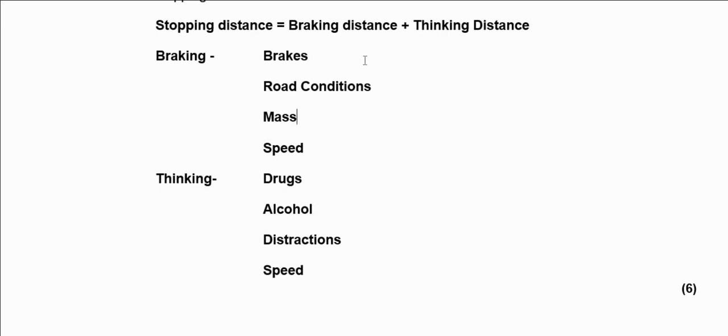So, when I look at braking distance, why does the condition of my brakes and the condition of the road affect braking distance? Well, they determine the amount of force that can be exerted by the brakes. So, the condition of the brakes limits maximum force, and that's true for road conditions as well. So, have we fully explained this?